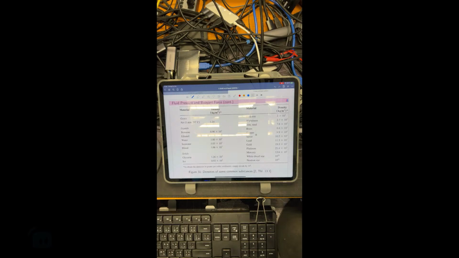Apart from that, silver, lead, and gold are considered very heavy metals, and platinum, which is a good material for a superconductor, has a density of 21.4. Mercury is not solid, but it has a really large density value, 13.6 thousand.